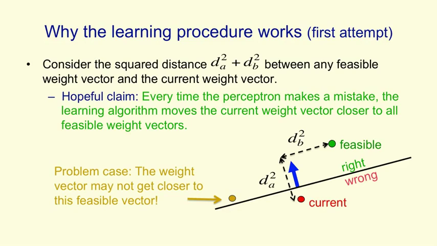And the current weight vector is just on the wrong side, and the input vector is quite big, so when we add the input vector to the current weight vector, we actually get further away from that gold feasible weight vector. So our hopeful claim doesn't work, but we can fix it up so that it does.